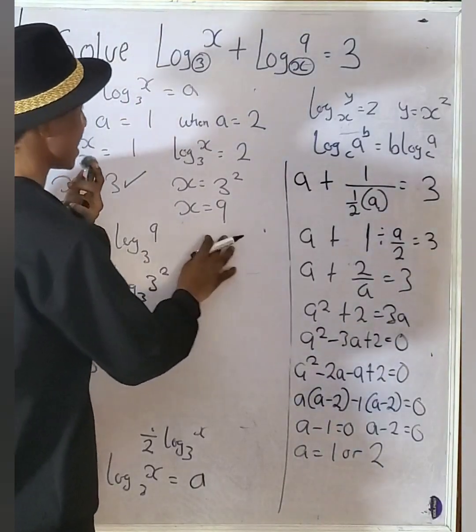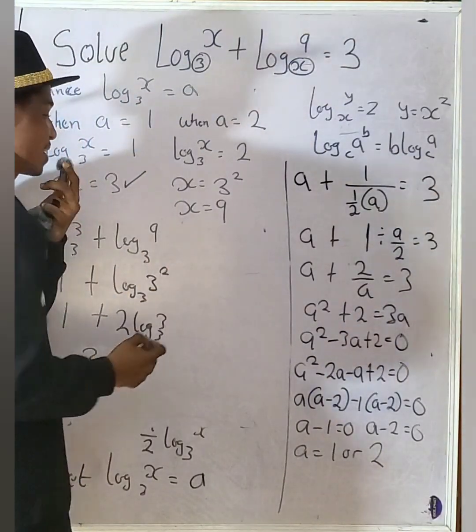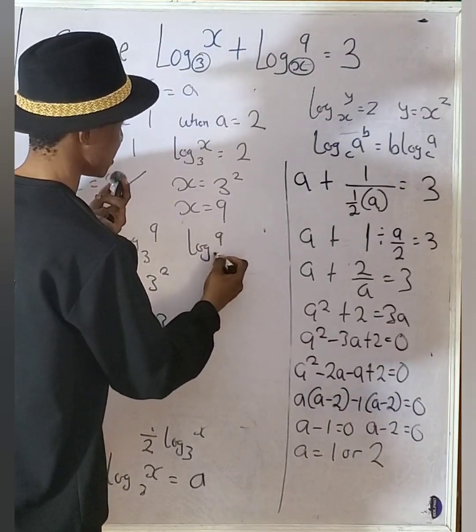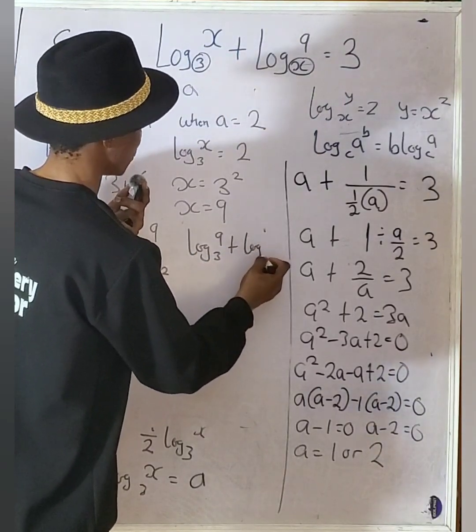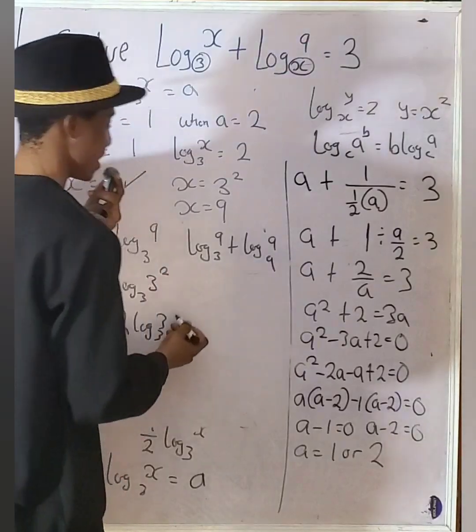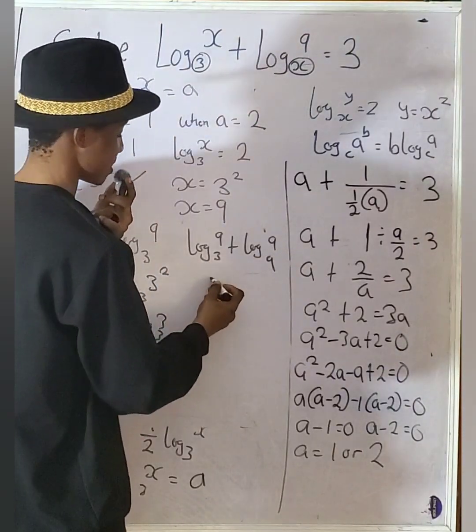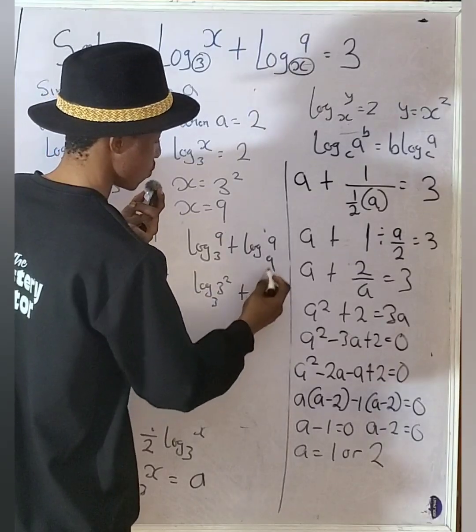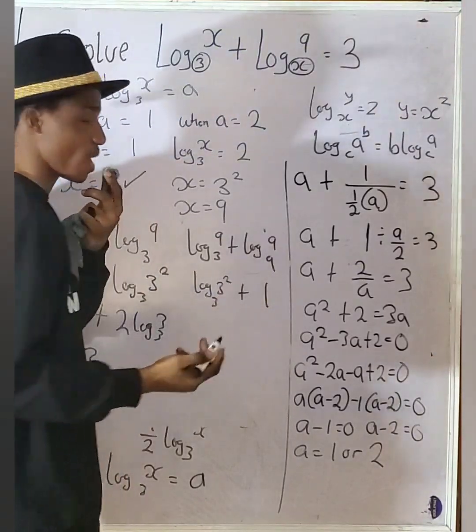Okay, what of when x is 9? When x is 9, I'm going to have log 9 base 3 plus log 9 base 9. Log 9 base 3 can be written as log 3 raised to the power of 2 base 3, plus 1, because log 9 base 9 is 1.